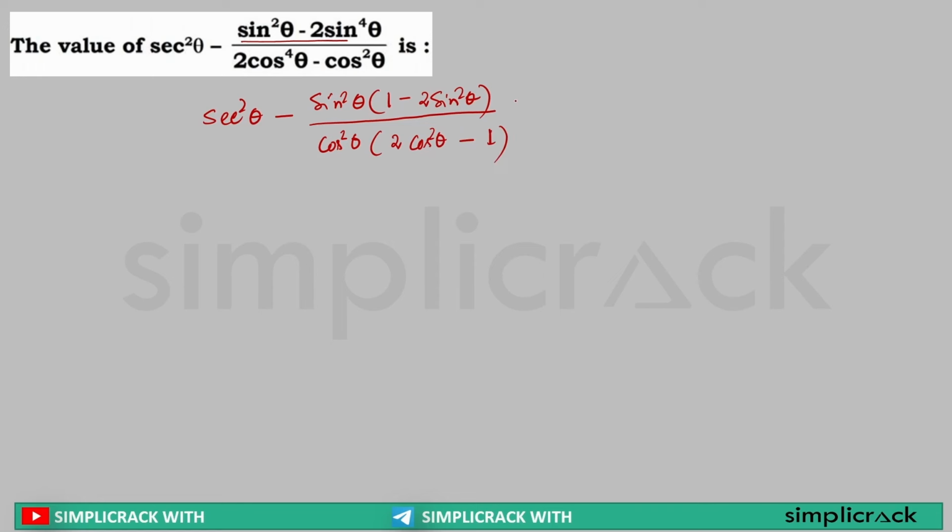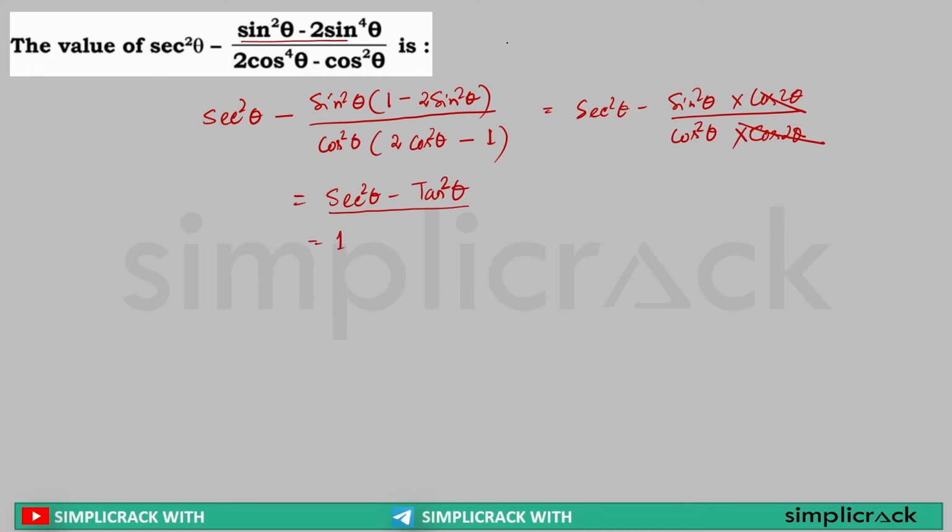Now 1 minus 2 sine square theta is equal to cos 2 theta, and 2 cos square theta minus 1 is equal to cos 2 theta. Now cos 2 theta cancels out. What is remaining? Sec square theta minus sine square theta by cos square theta, which is tan square theta. We know sec square theta minus tan square theta is equal to 1. So the value of the whole expression is equal to 1. Clear? Yes or no?